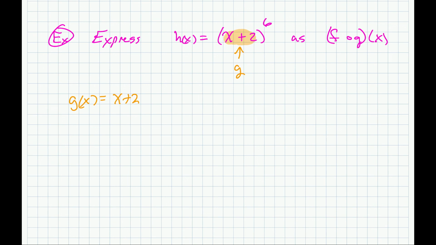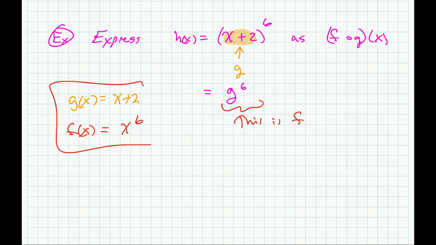Then where I just pointed at the x plus 2, replace it with g. If I replace the x plus 2 with g, it would say g to the 6th, right? And this is basically your f. But you want it to be f of x, not f of g, so you write it as x to the 6th.